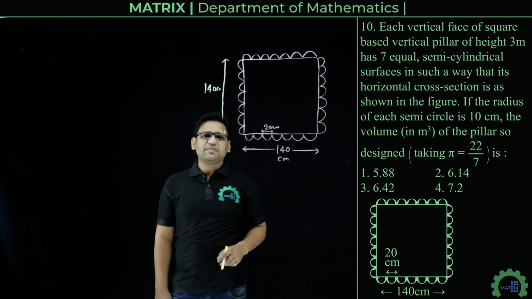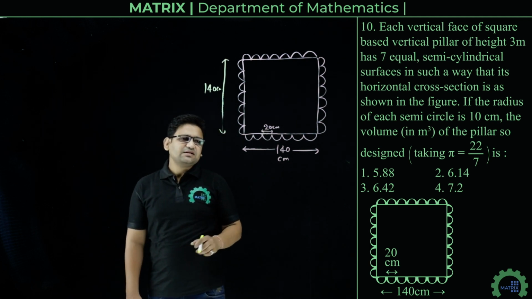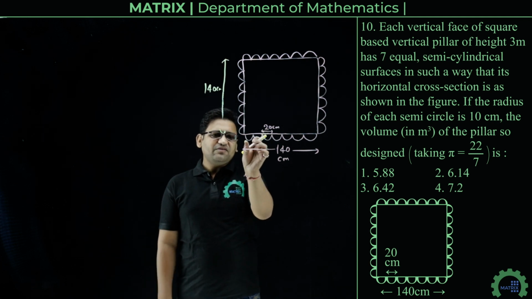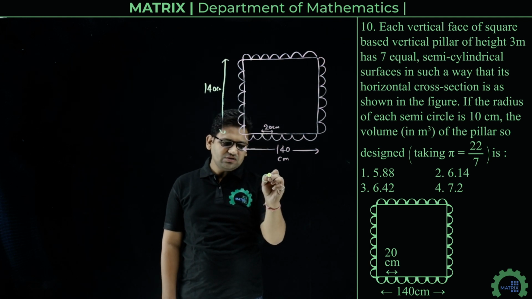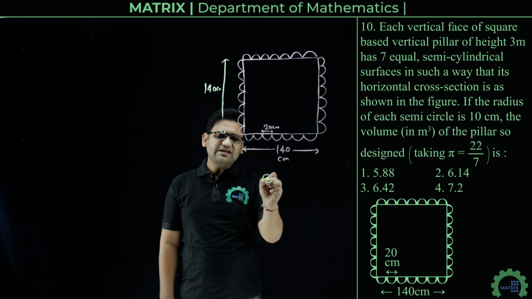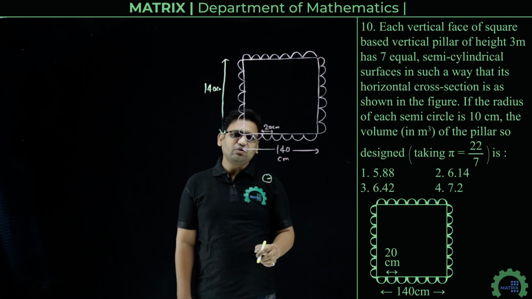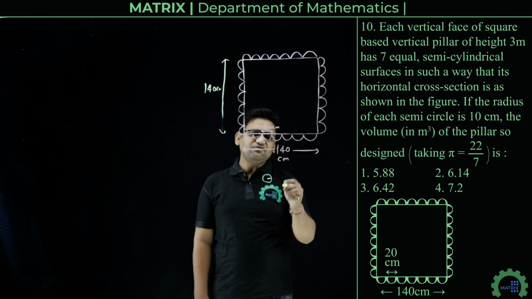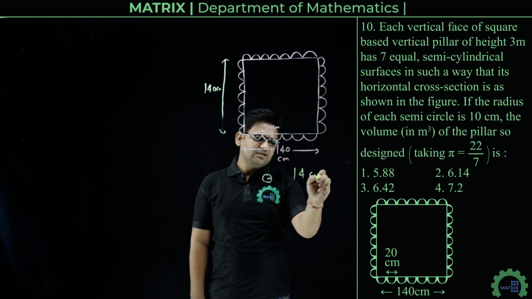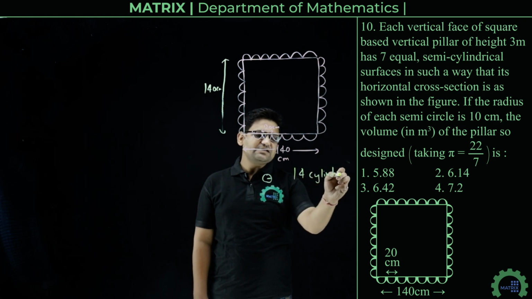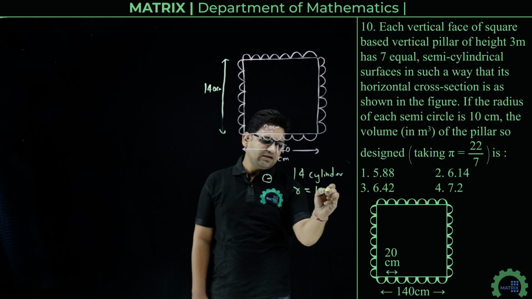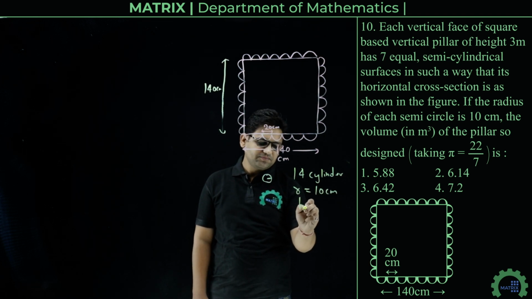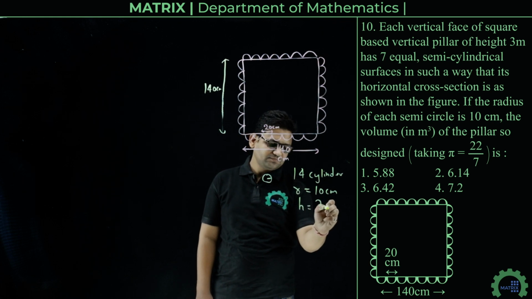Now this design is made of a cuboid plus cylinders. When we combine any two semi-cylindrical shapes, we get a cylinder. So in total there are 14 cylinders of radius 10 cm and height 3 meter.